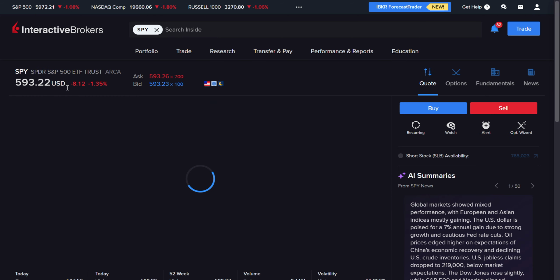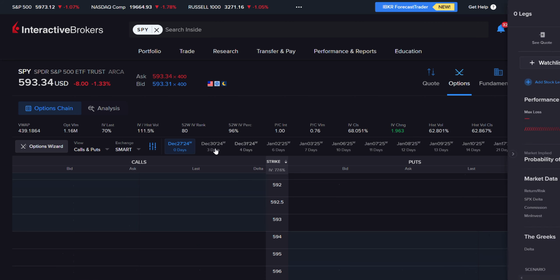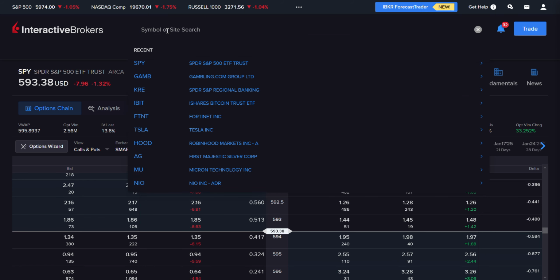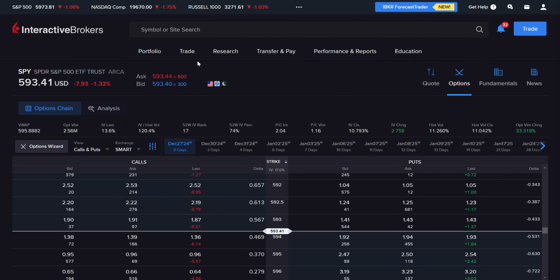This is also an ETF with the options, call and bid price, calls and puts. There are different premiums and different strike prices. And it could also be a futures contract. Okay, so let's go back to Tesla.